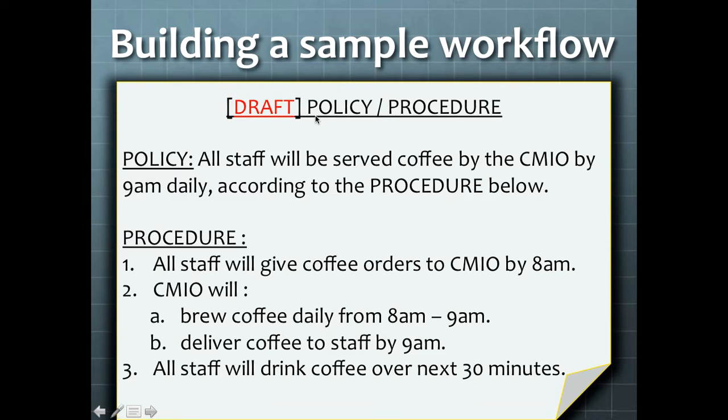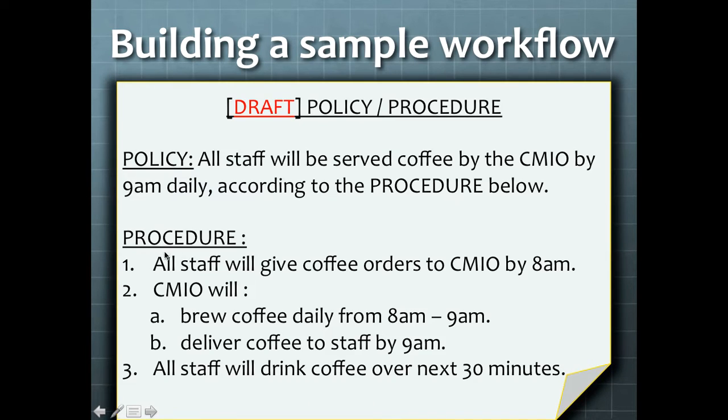So then, let's start drafting. Let's assume we get that preliminary approval and we start drafting documents. So now we can draft our policy and procedure that we're going to need for this workflow. The policy, which is your standard, is basically that all staff will be served coffee by the CMIO by 9 a.m. daily according to the procedure outlined below.